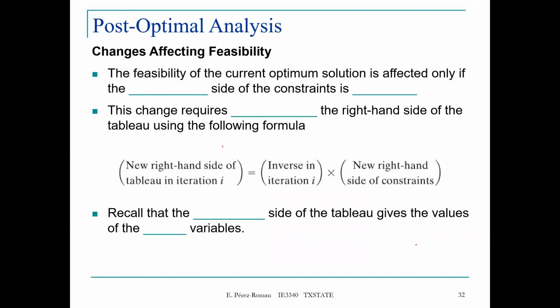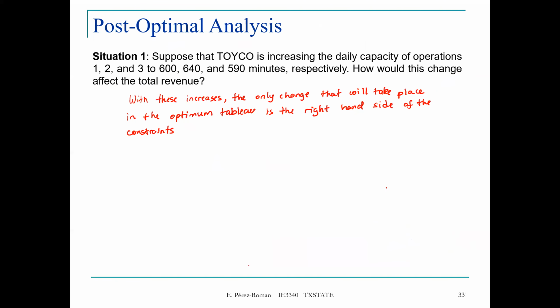So if we go back here, the new right-hand side of the tableau in iteration i is going to be equal to the inverse in iteration i times the new right-hand side of the constraints. So that's what we're going to use to find the impact. What will be basic variables in that optimal tableau?